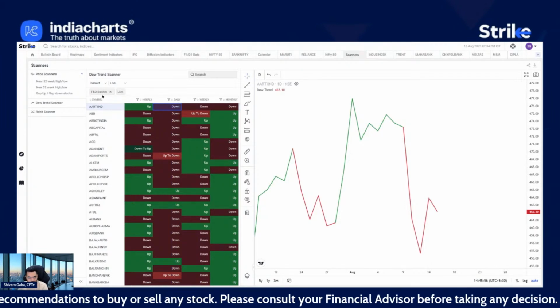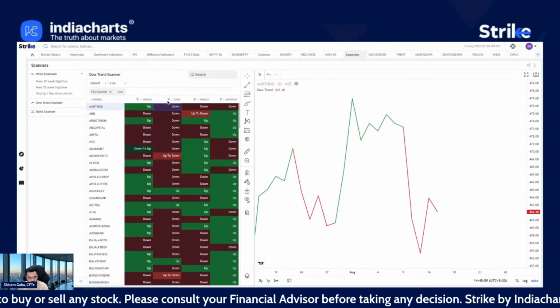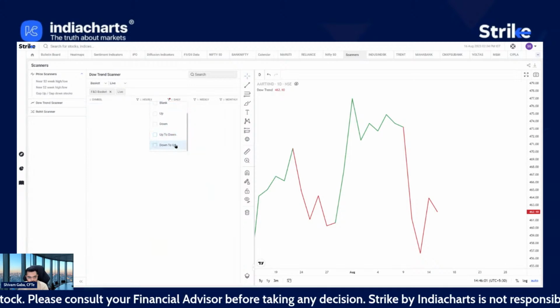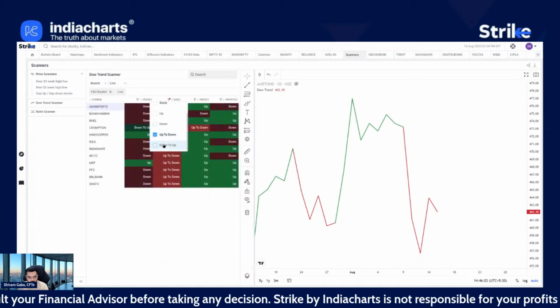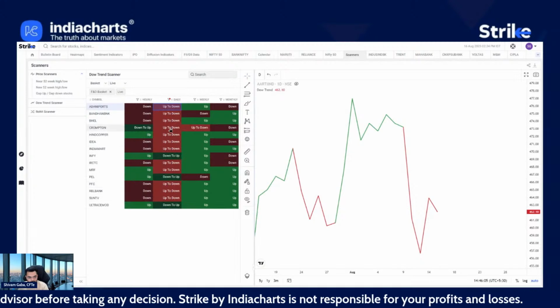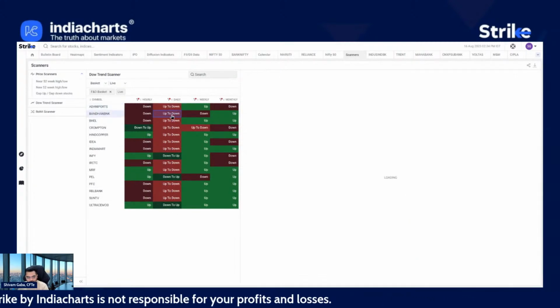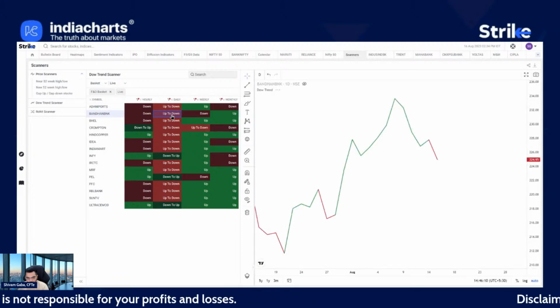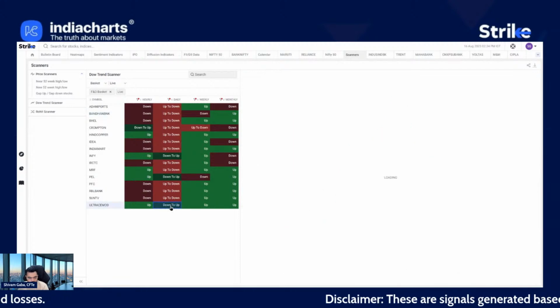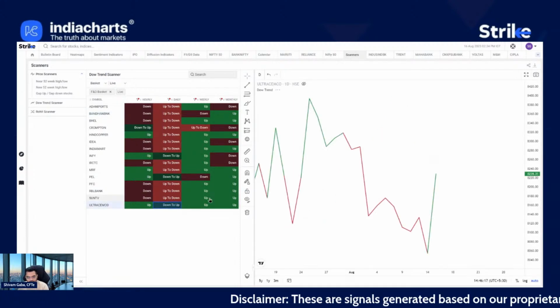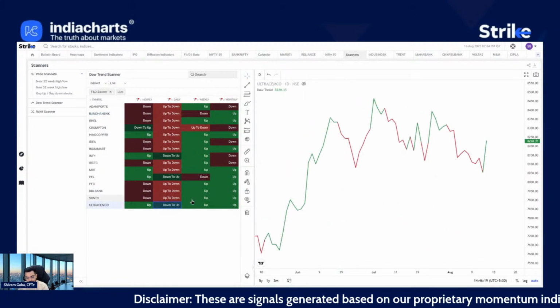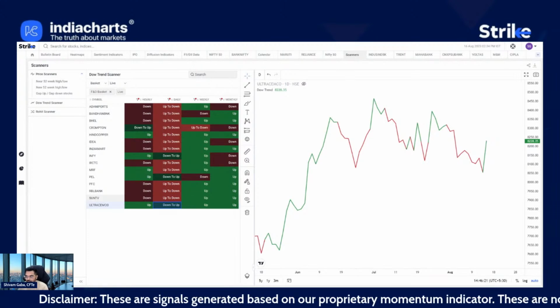So I'm in FNO stocks as of now, and I'm looking for trend changes both up to down as well as down to up. So there are quite a few up to down signals, which means trend is changing from up to down, and very few down to up signals as well, where the trend is changing from down to up.